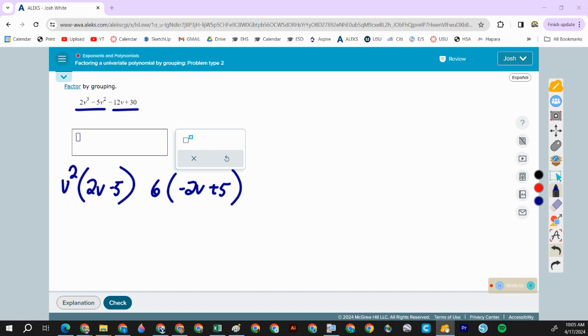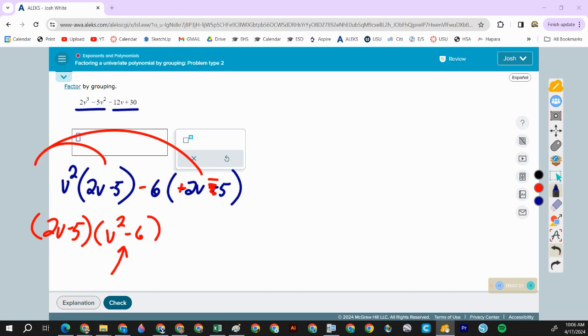So instead of pulling out a 6, I'm going to pull out a negative 6. And then both of those will change signs, and the 2v minus 5s match. Factor out the 2v minus 5, and we get v squared minus 6. And does that factor any further? No. If it was v squared minus 9, we could factor it further, but not in that case.